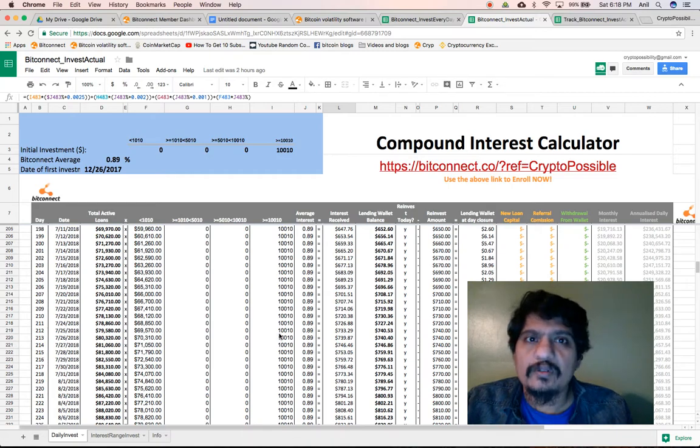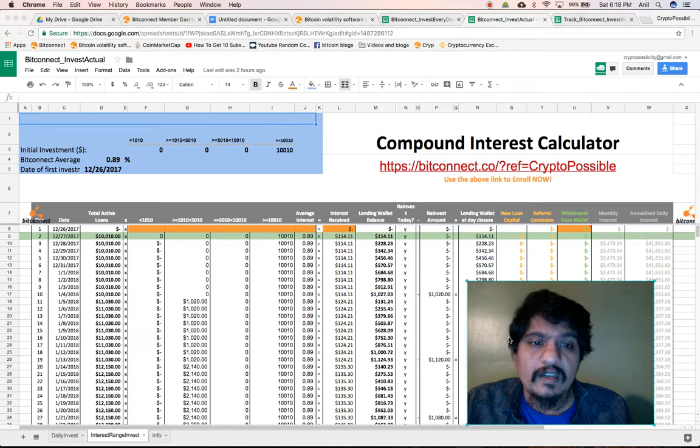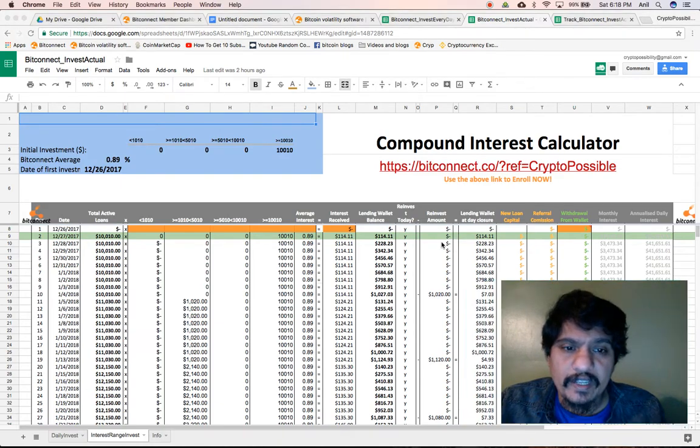For estimating your future returns, one more thing I want to point out is that I also have a second spreadsheet. If you do not want to invest every day, there's a separate calculator here which invests based upon the interest ranges.